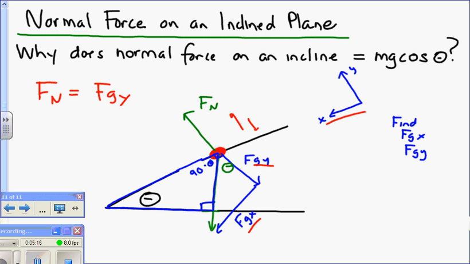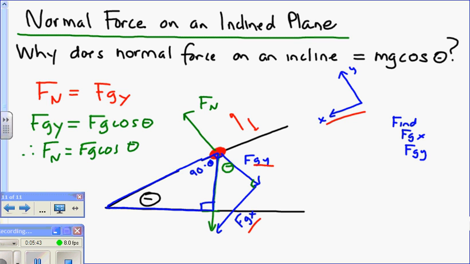And if that's theta, that means F_G_Y must be equal to F_G, which is like the hypotenuse in this case, times cos theta, because it's adjacent to the angle. So F_G_Y equals F_G cos theta, therefore Fn equals F_G cos theta.